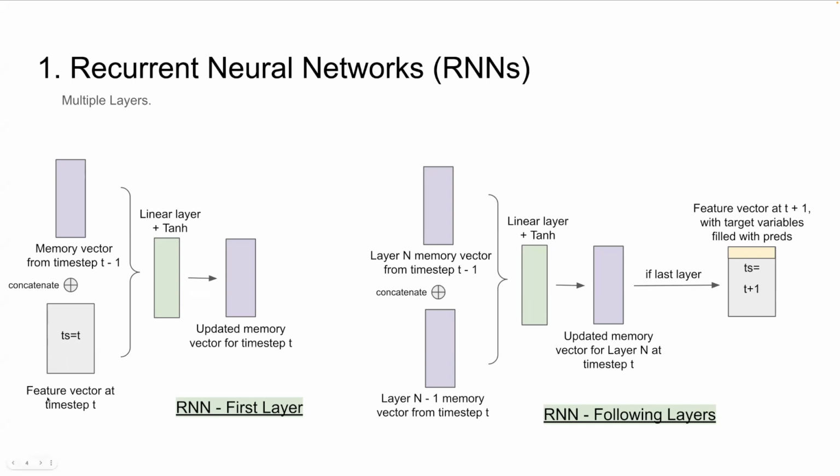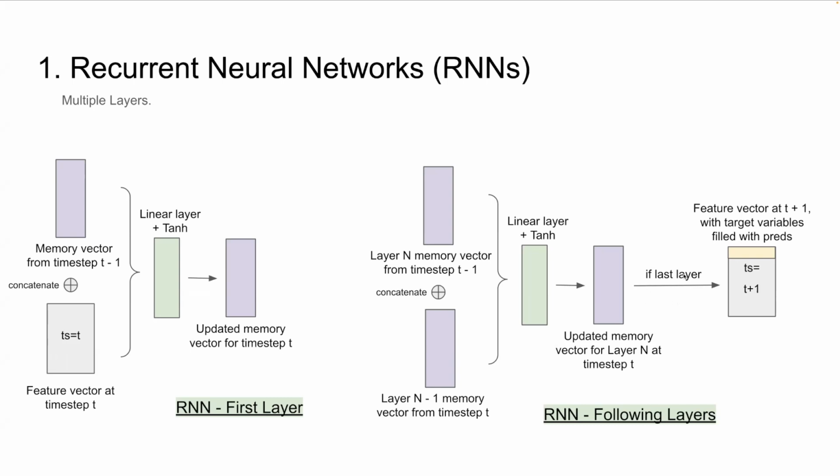Note here that in the first layer, we have this feature vector, and the vector from layer n-1 is there to replace this feature vector. You take those two memory vectors and apply a linear layer to get the updated memory vector for layer n at the current time step.